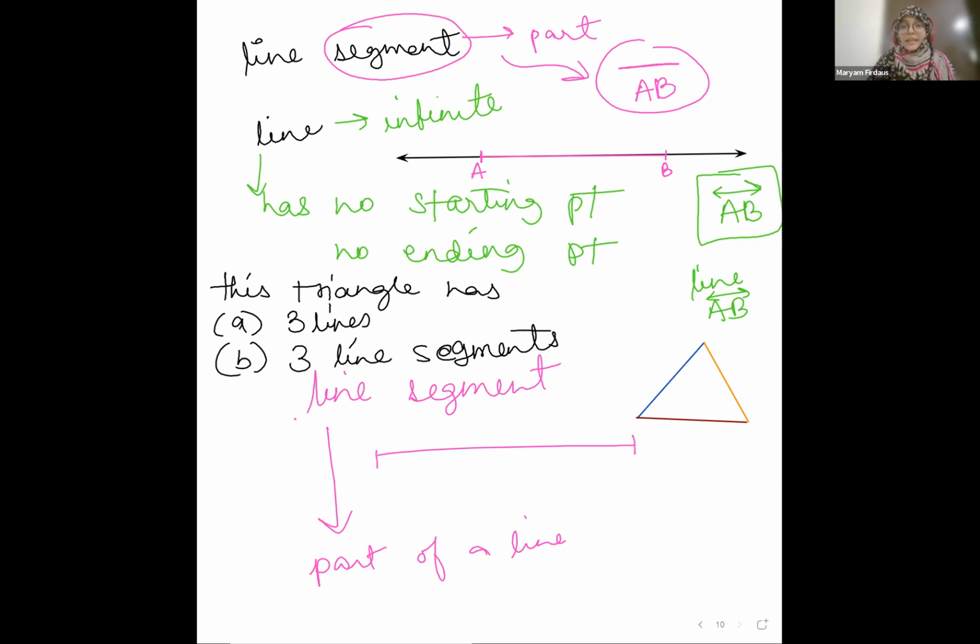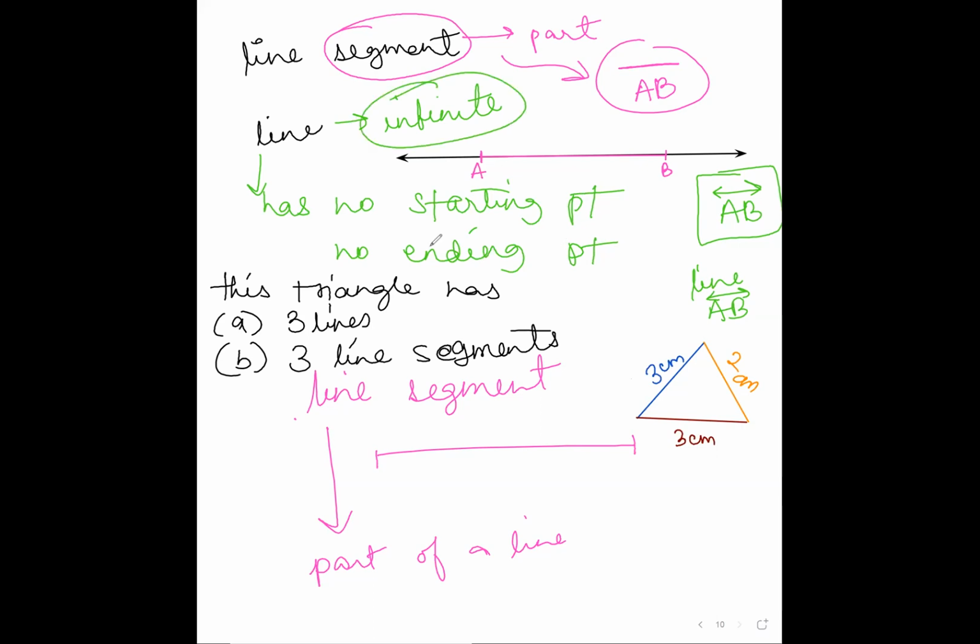Let's say this is equal to 3 centimeters, and this is equal to 2 centimeters, and this is equal to, let's say again, 3 centimeters. So you're able to measure it, right? But a line is infinite. A line goes on till infinity. The reason being it has these arrows. That is how you recognize or identify a line.